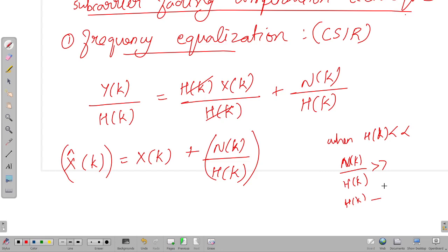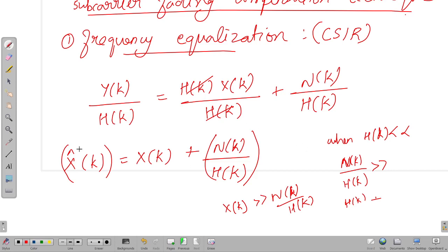But if the attenuation is not too much, then the noise value is comparatively less than in the previous case. In that case, x of k will be greater than the noise value n of k divided by h of k, there is only a small addition of noise, and we can estimate x of k accurately.